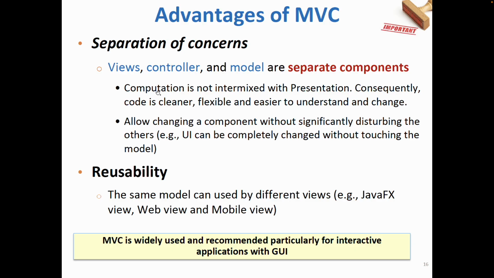Let me check if I missed anything here. Oh yeah, I also need to say this. When we separate these concerns, the code is separated, which means the parts are not dependent on each other a lot. I can change a button, or even remove it totally, and it will not affect the business logic at all. Maybe I find a different solution, but I don't need to communicate with the person who works on the AI model.